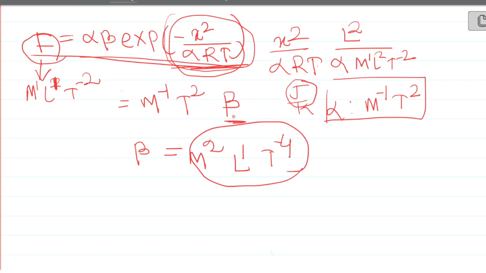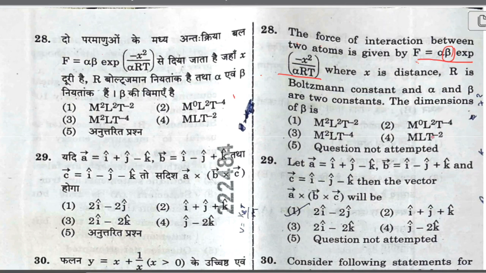Okay, so if the dimension of beta is this, then the dimension of the left hand side will be satisfied. Okay, so let us check the options. M2 L1 T minus 4. So this is your correct option.